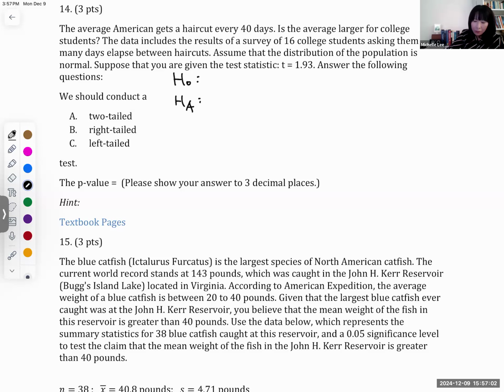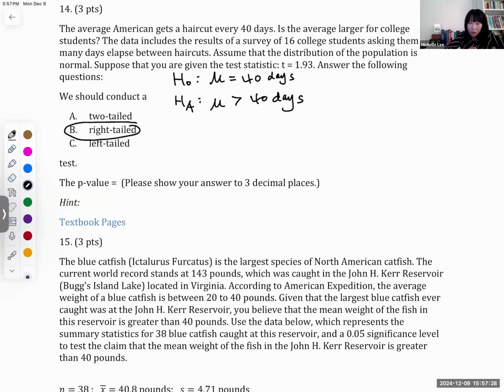So the null hypothesis is the average equal to 40 days. And then they ask us about the average being larger than 40 days. So we have a right-tail test for that.